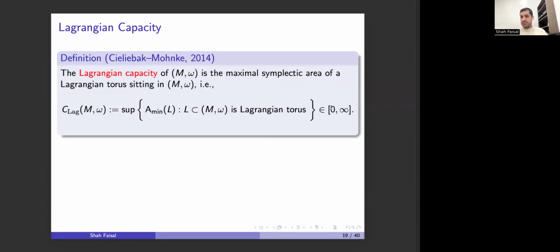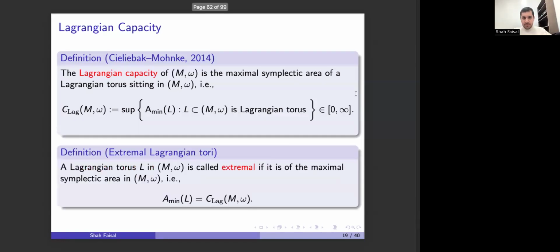Well, there are some extra conditions to make it a capacity, but yeah. And the Lagrangian torus is called extremal if the symplectic area is maximal. So that's basically equal to the Lagrangian capacity. Okay.